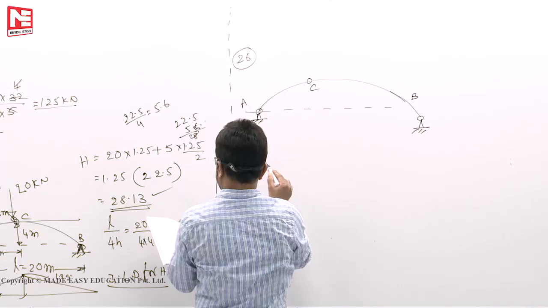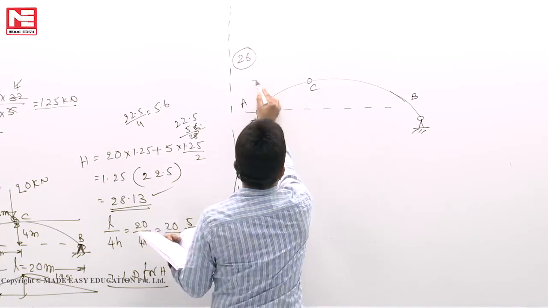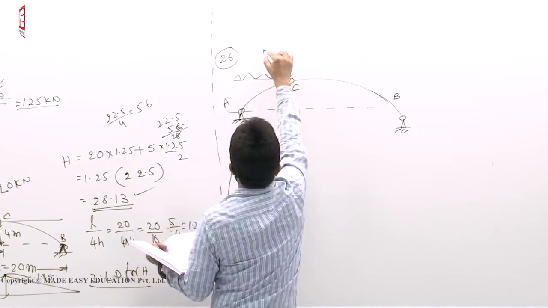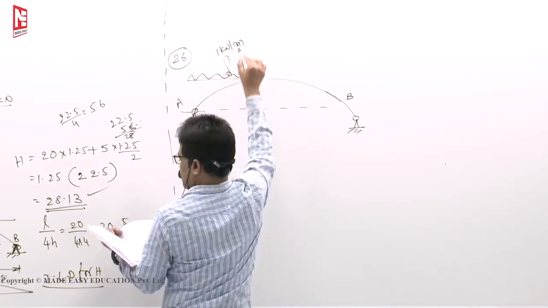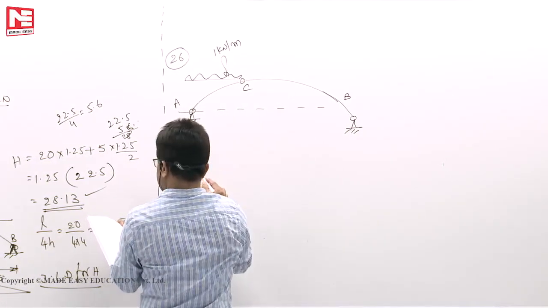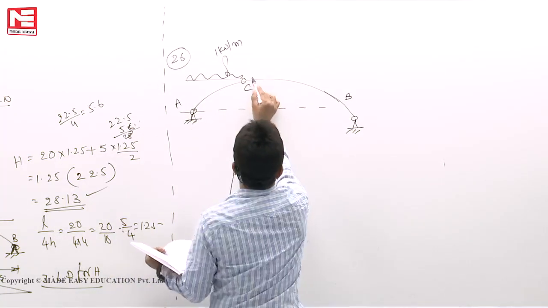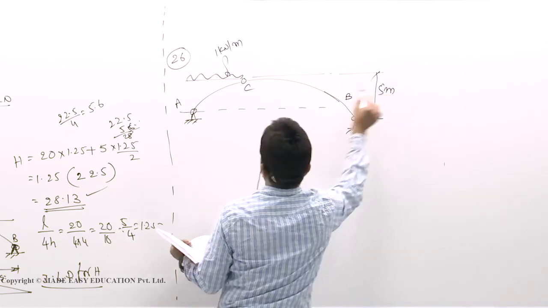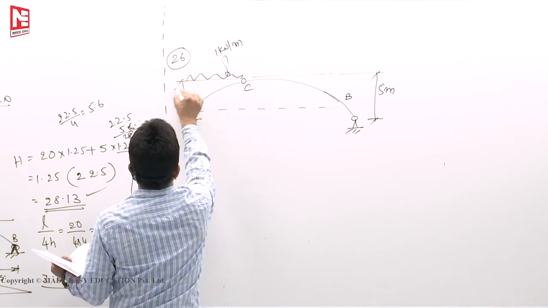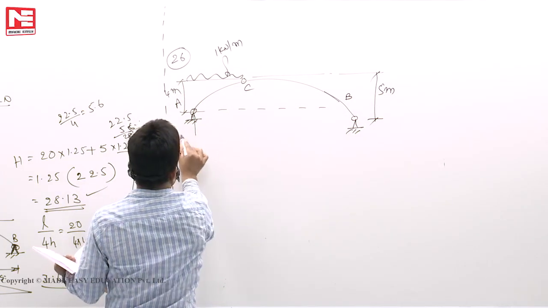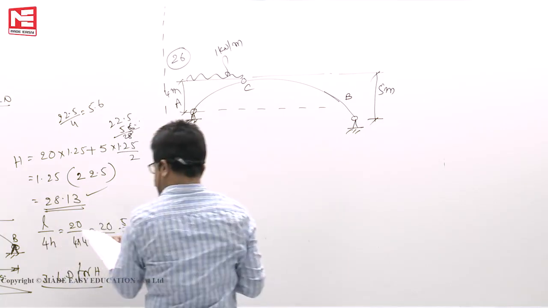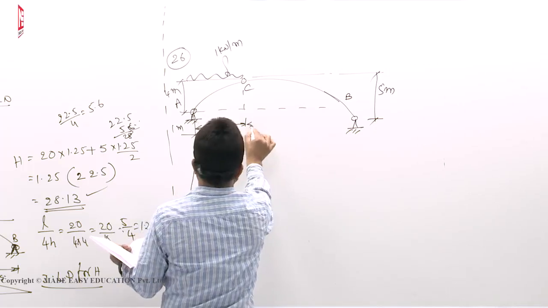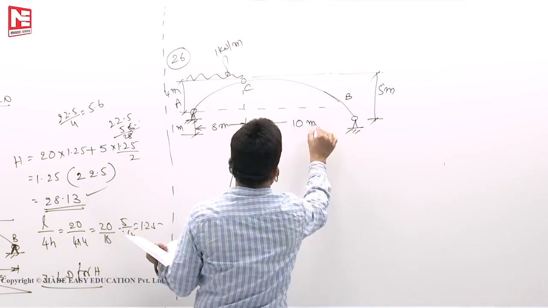Hinge is here, UDL here, 1 kilonewton per meter. Total height is 5 meters. From here to here 5 meters. Here to here 4 meters. And the remaining length is 1 meter, like that he has given. This is 8 meters. And this is 10 meters.